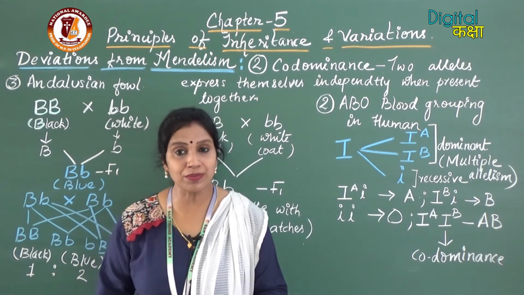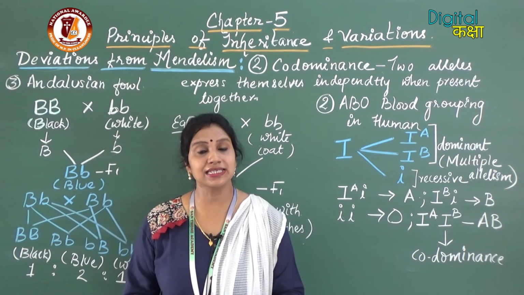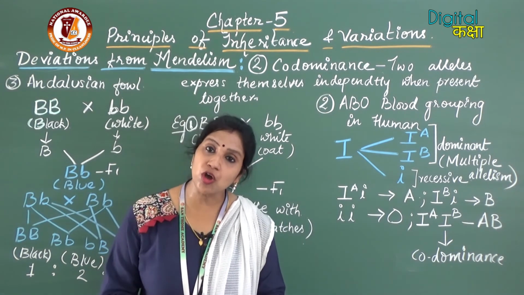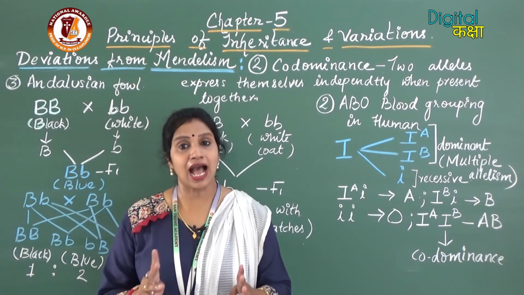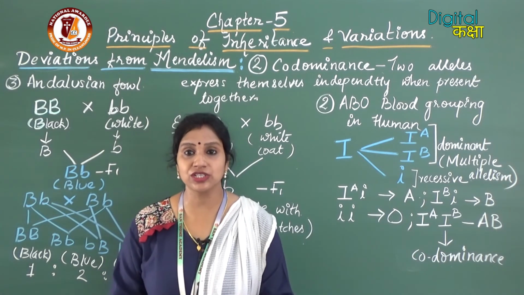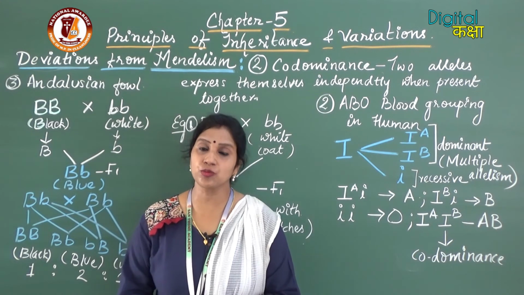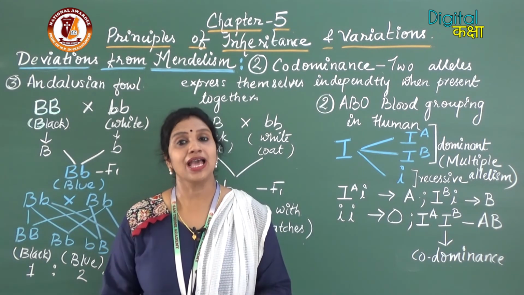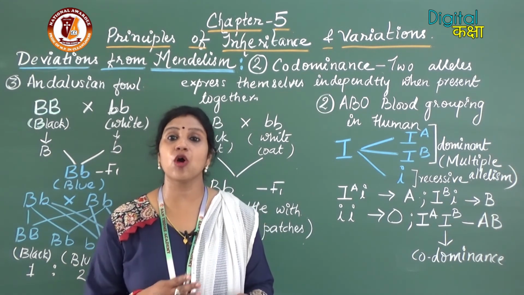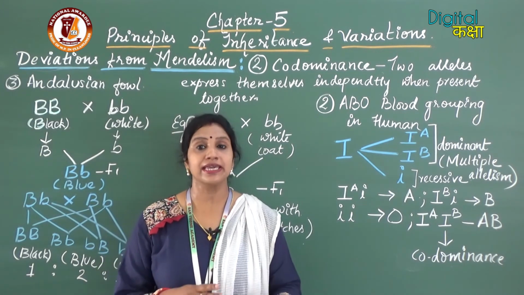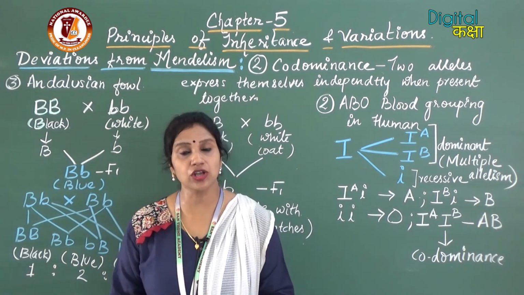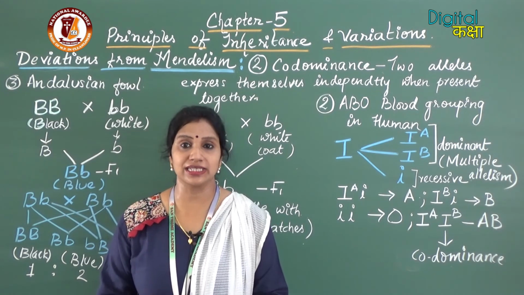So this ABO blood grouping system is an example of codominance, as IA and IB when present together both express themselves and the blood group of the person is AB, and it is also an example of multiple allelism in which one gene has more than two alleles.